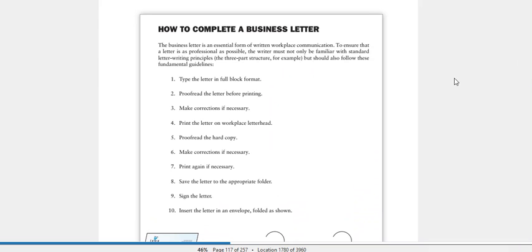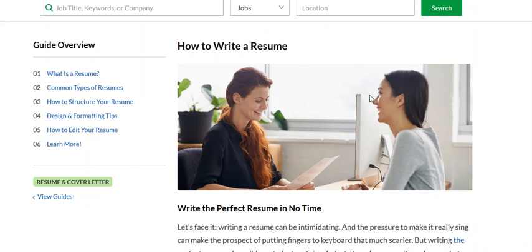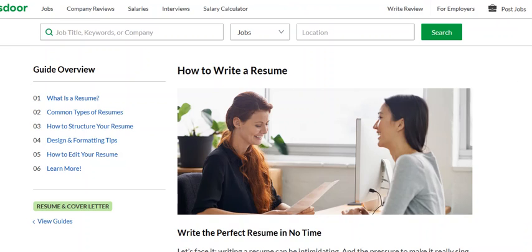So your assignment should look like this, should have a title, except it's not going to be about how to complete a business letter. It's going to be about how to write a resume. How are you supposed to write instructions on how to write a resume if you never wrote a resume? Well, you go to the website I talked about last week, how to write a resume from Glassdoor.com.